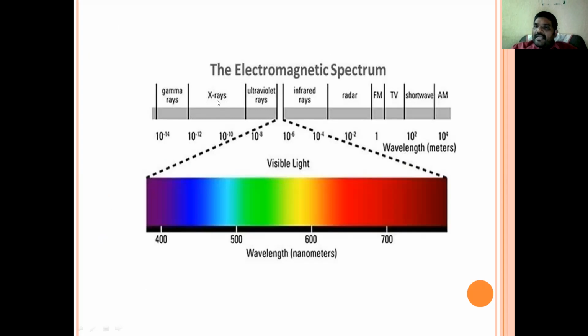The energy that is reflected by a surface or an object is measured with respect to wavelength.